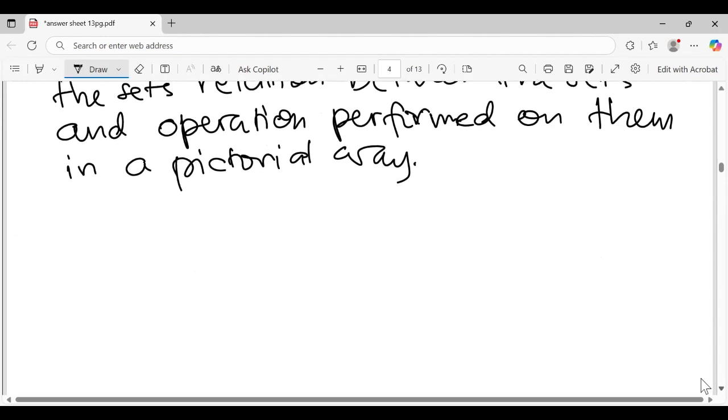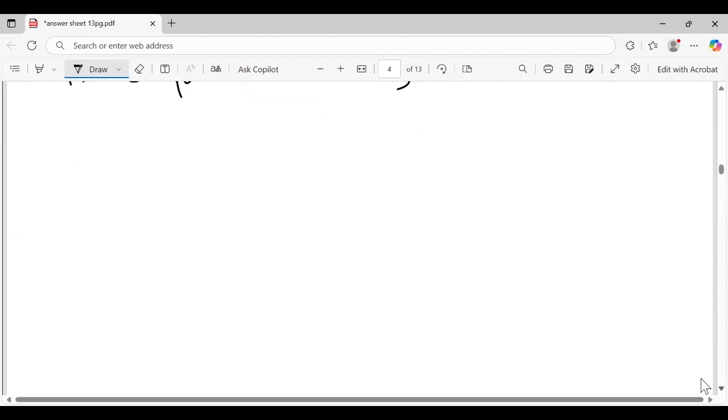So if we discuss Venn diagram, it means we are going to sketch. Sketch what? Sketch the sets. All right. I would like to start with how we sketch the Venn diagram of set A intersection set B, like this.